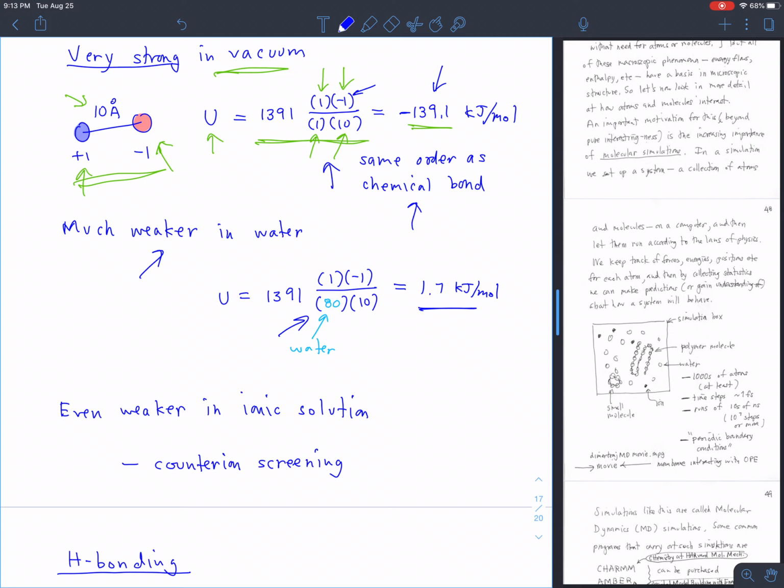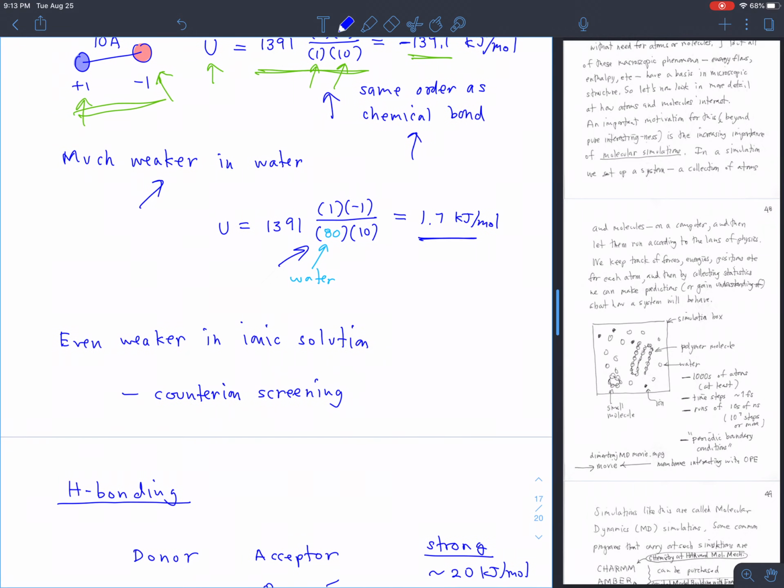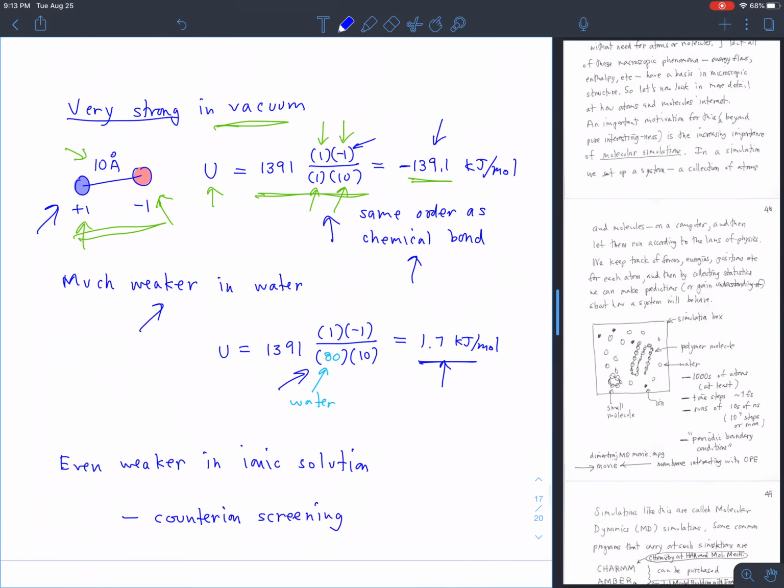That's starting to get on the order of thermal fluctuations. This is weak enough so that these two guys won't be able to stick together very much of the time. Thermal fluctuations and vibrations and collisions and stuff will drive them apart. Whereas this is way strong enough for them to stay absolutely stuck to each other.